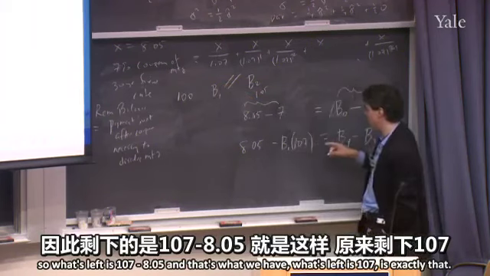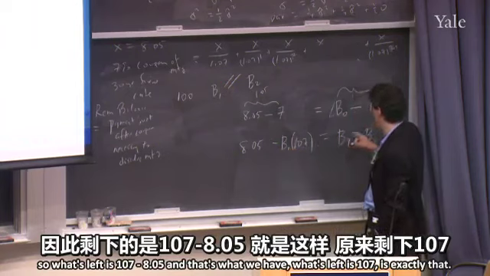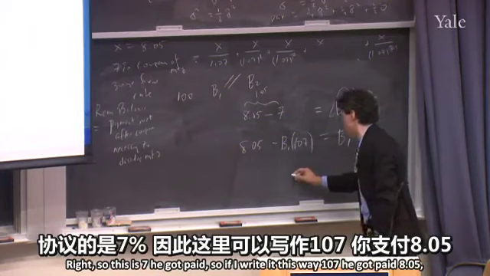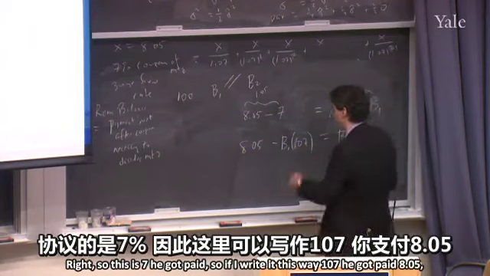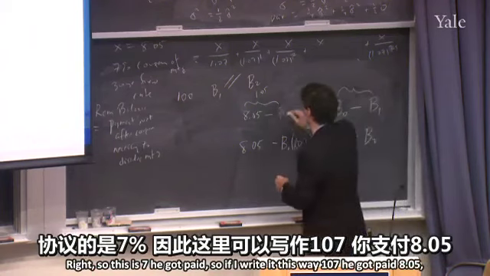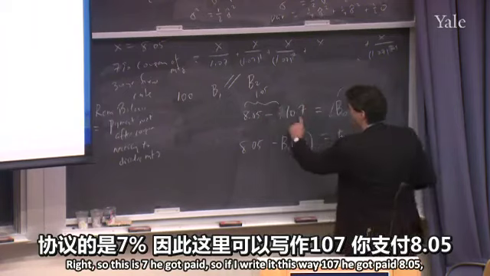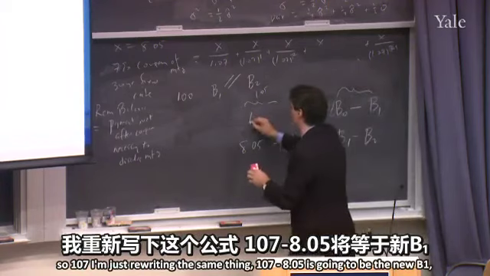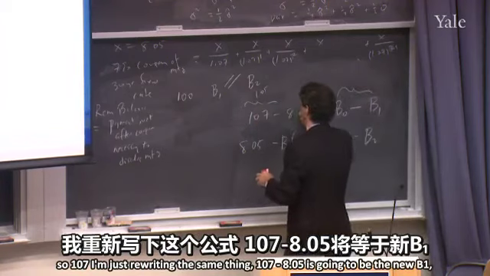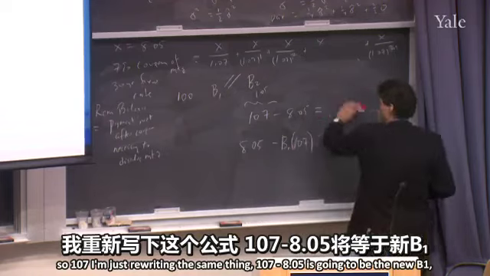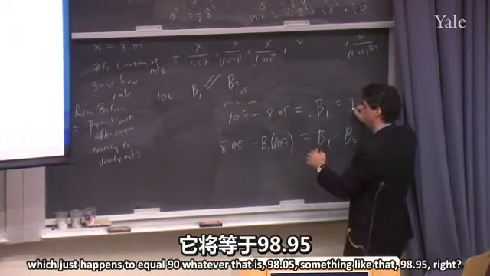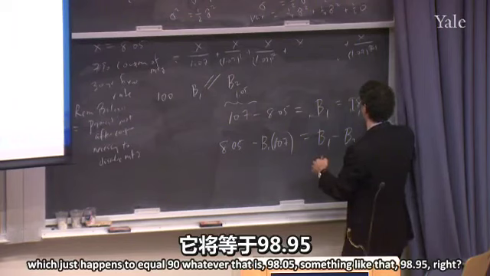I'm just rewriting the same thing. 107 minus 8.05 is going to be the new B1, which happens to equal 98.05, something like that.